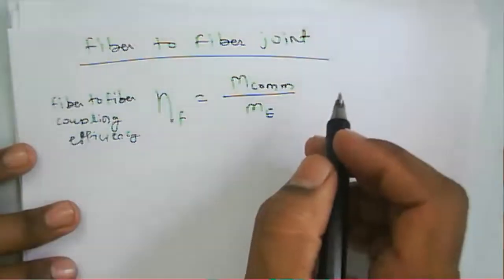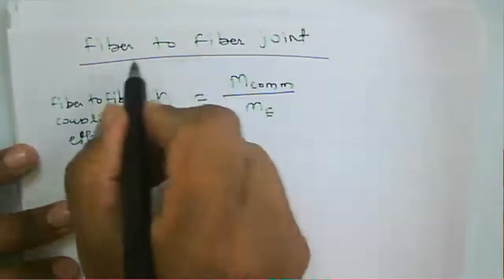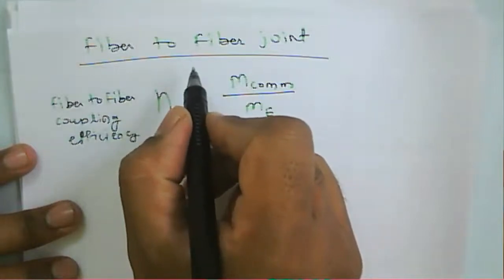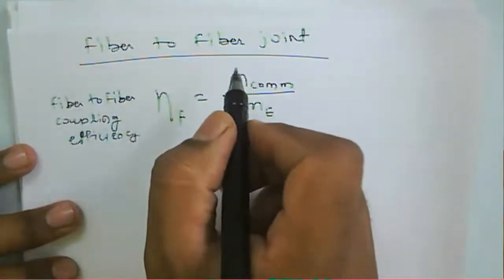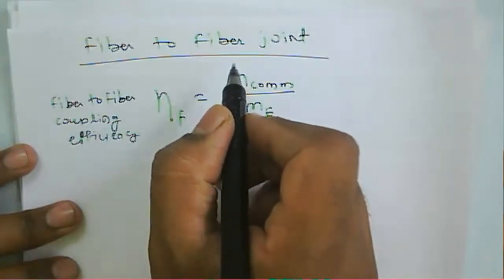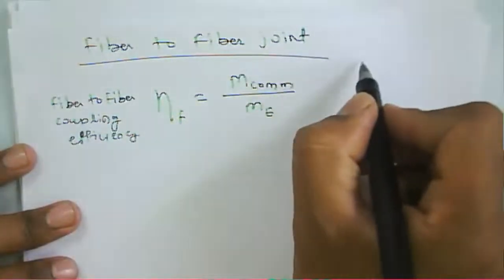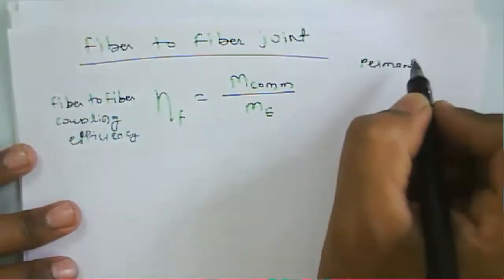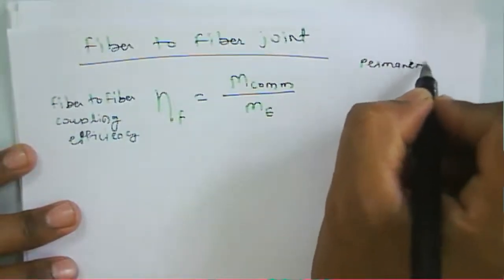Now when we connect two fibers, we require some particular connection or a joint, and that joint between these two fibers may be permanent.